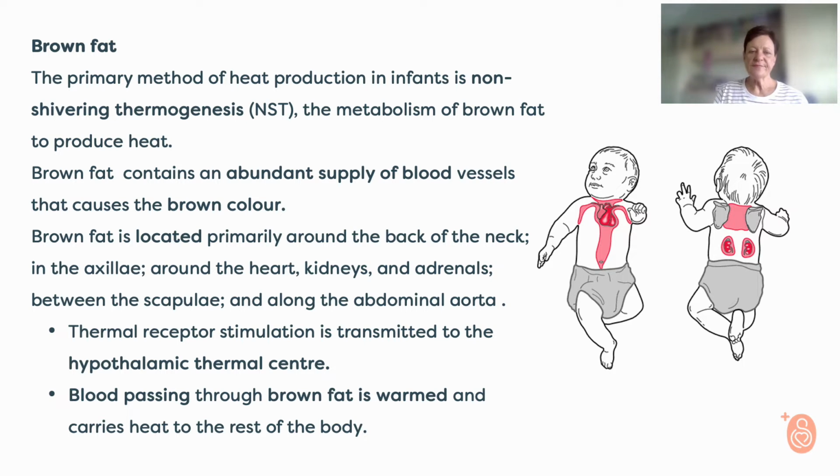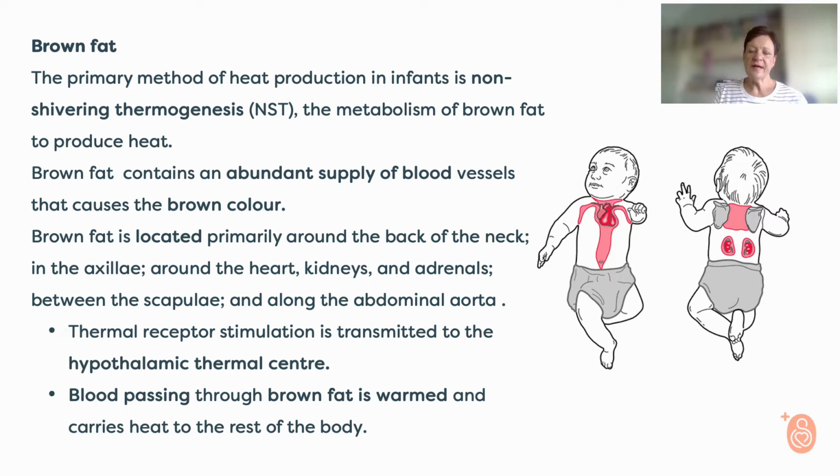You can see the brown fat lying here primarily around the back of the neck and the axillas, and also here in front around the heart, the kidneys and the adrenal glands, and around the scapulae as well. They are called brown fat because they have an abundant supply of blood vessels, and that causes the brown color.